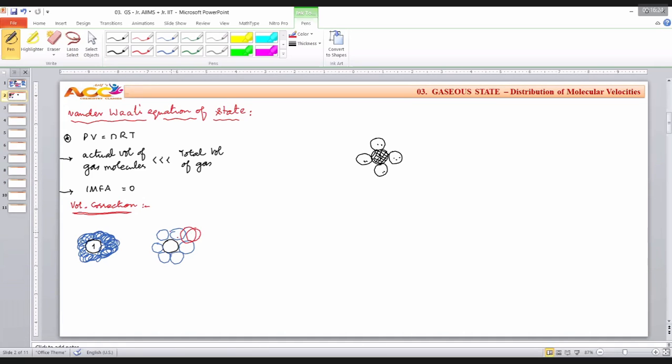If the molecules are far apart, then it can come up to here. What is the meaning of this? Take this center, and draw a circle. The third molecule can come up to this. Are you able to understand? Can come up to this, and so on.